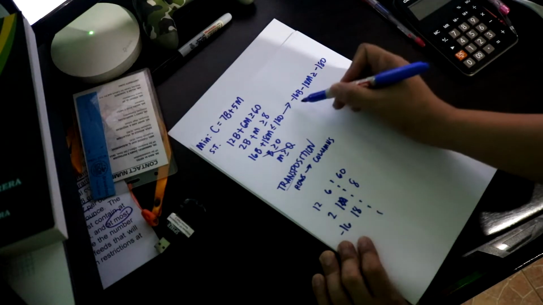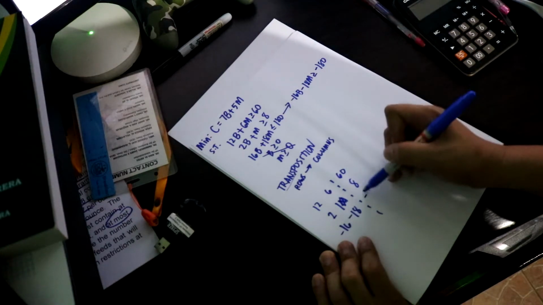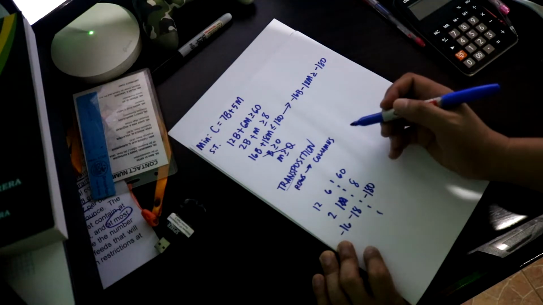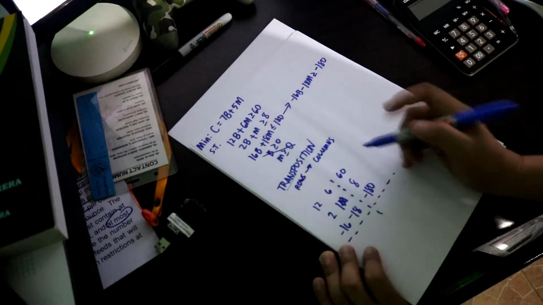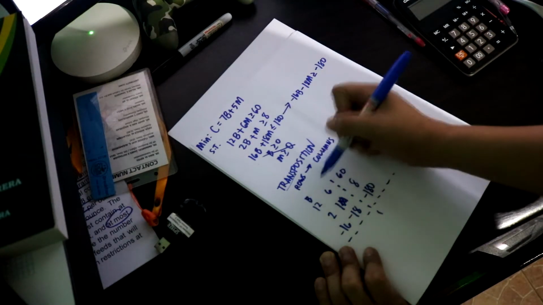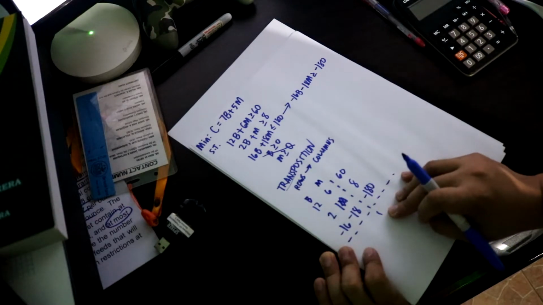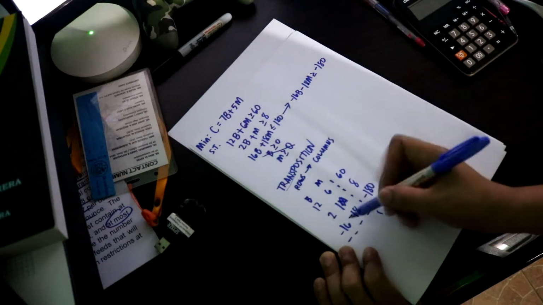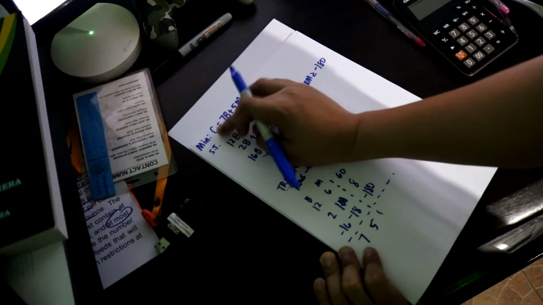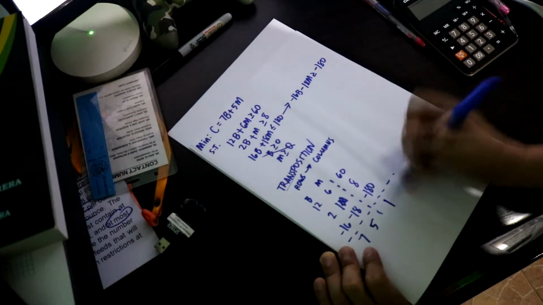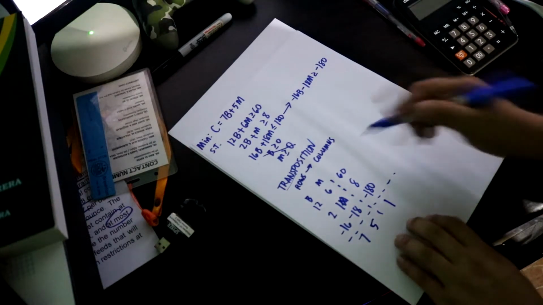So negative 16, negative 18, and negative 180. And lastly, our objective function. By the way, this is b, this is m. So our b here is 7. Our m is 5. And then this letter C here will be represented by the number 1.